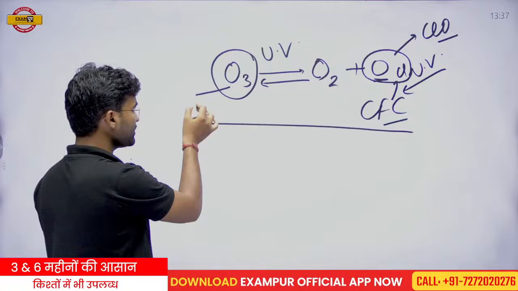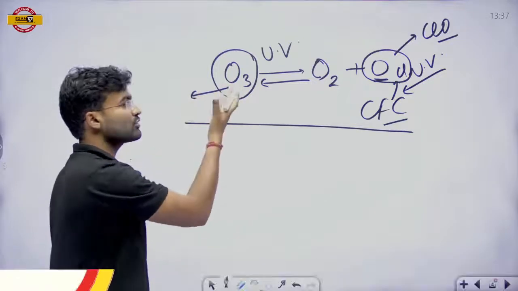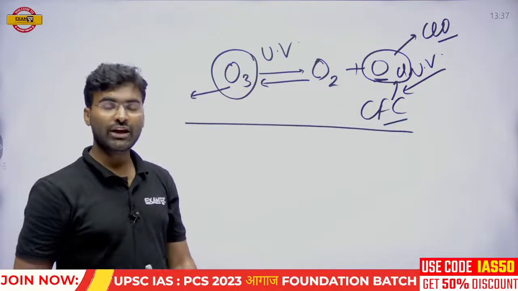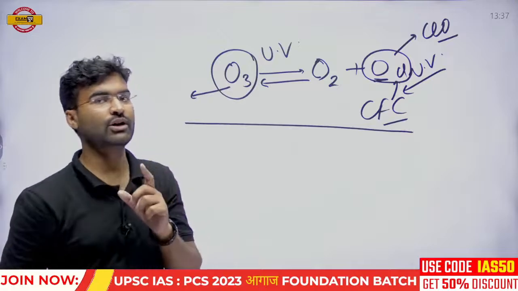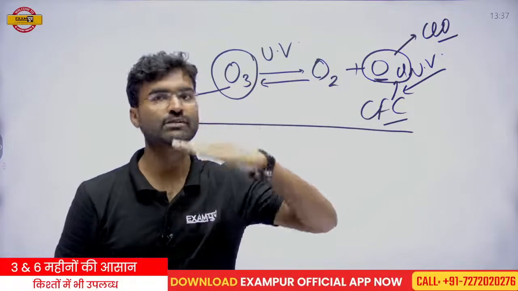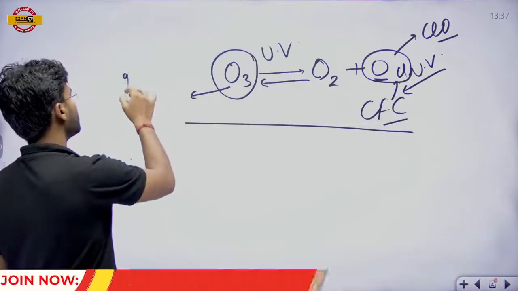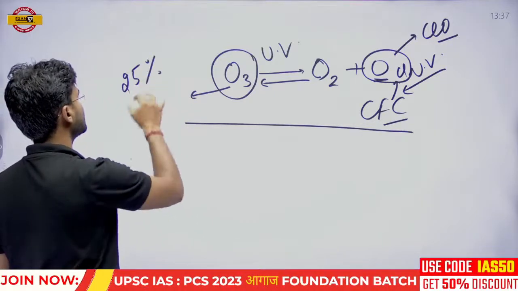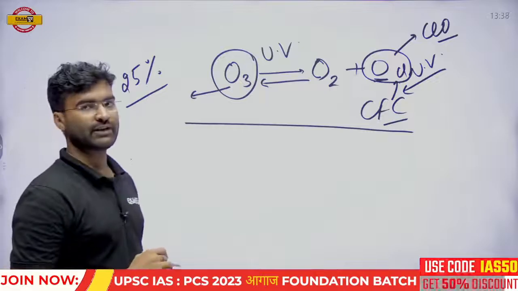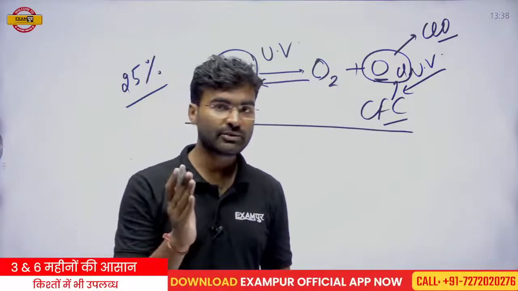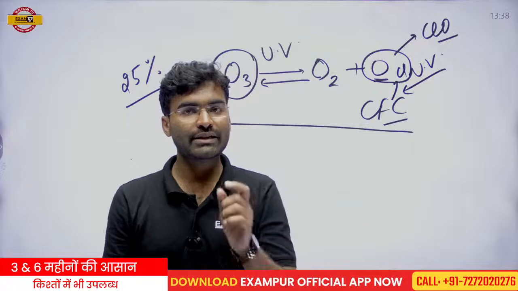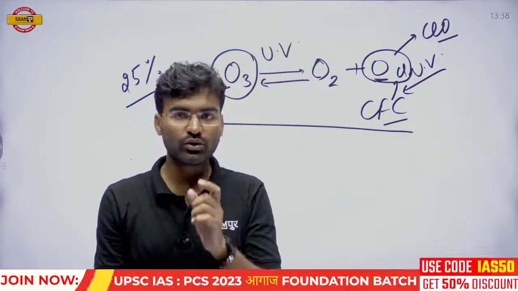If the ozone formation is stopped, then the concentration of the ozone reduces. If the concentration of the ozone reduces at the stratosphere by 25% in comparison with the normal atmospheric condition, then it is termed the ozone hole.